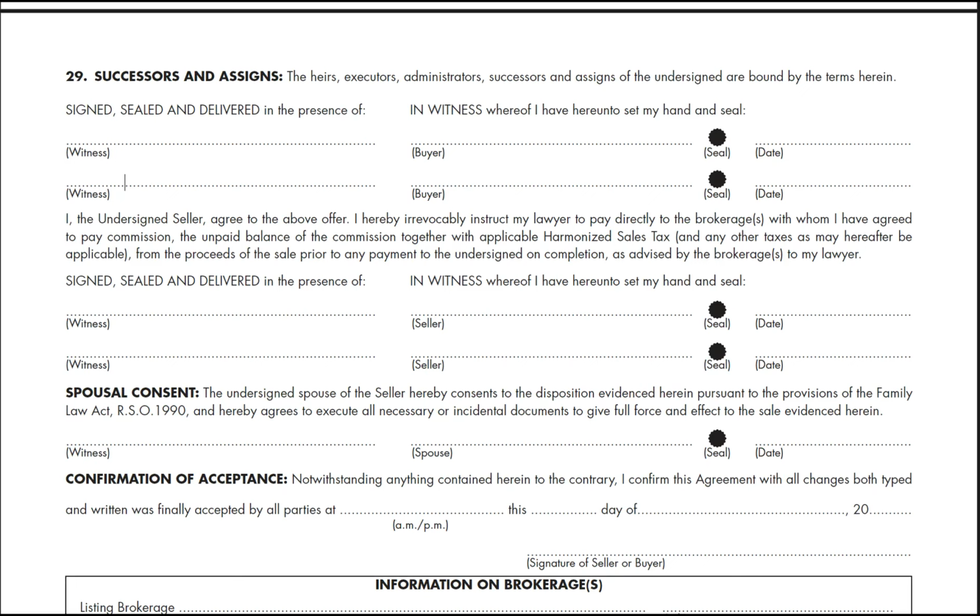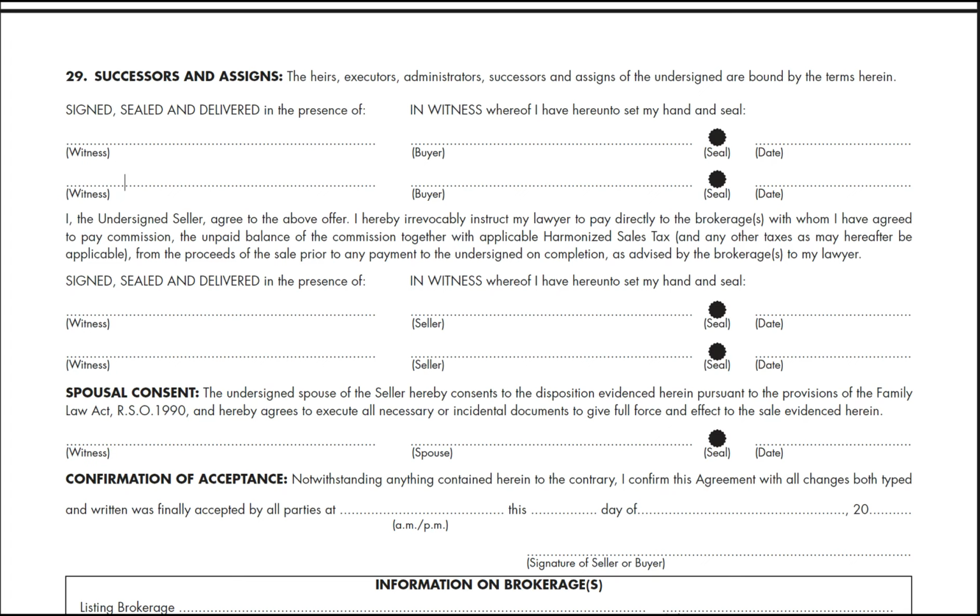This means that the seller cannot later change their mind about paying the commissions, and that the commission amount is deducted from the sale proceeds before the seller receives their net funds. The seller's lawyer must follow the brokerage's instructions regarding the exact commission amount, and the commission payment includes HST, which is mandatory for real estate transactions in Ontario.